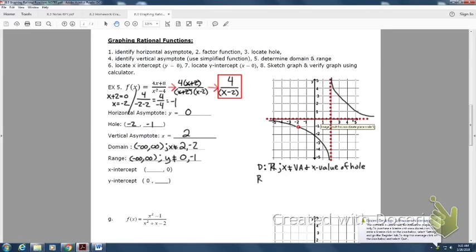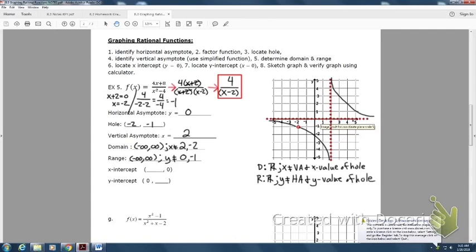Your range is all real numbers, except y cannot equal the horizontal asymptote and the y value of the hole.